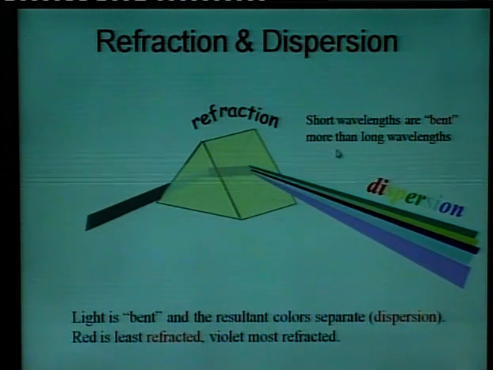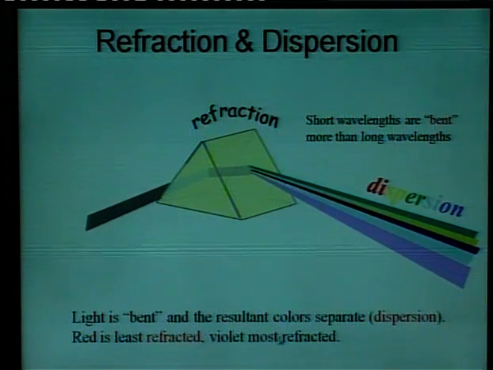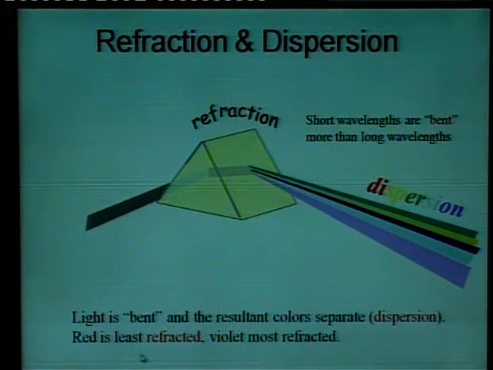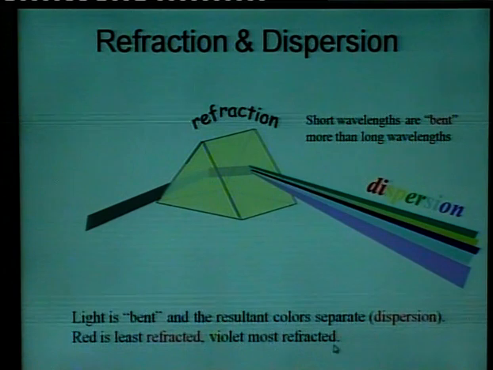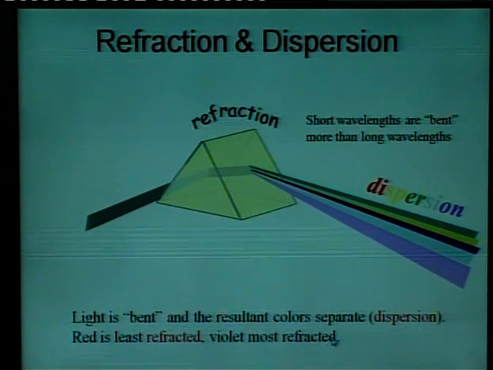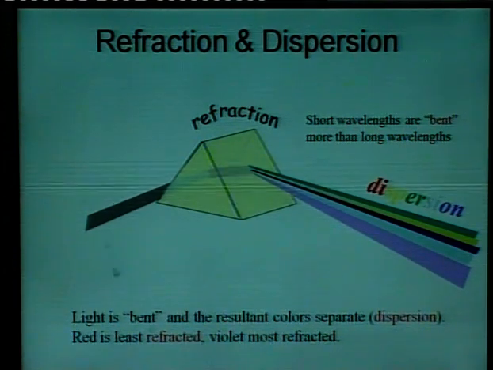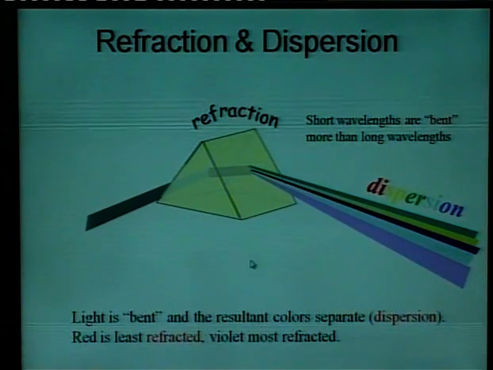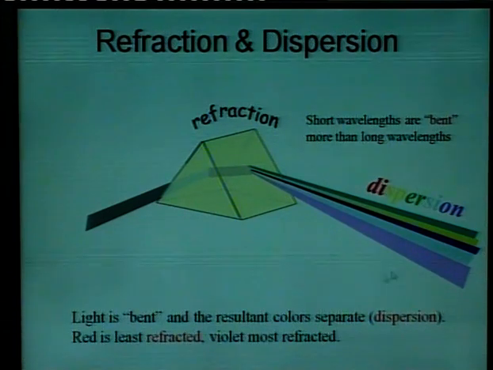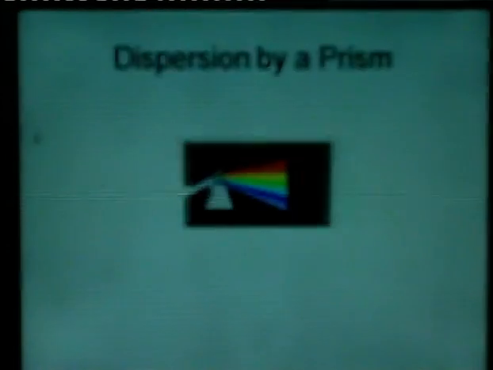Short wavelengths are bent more than long wavelengths. Light is bent and the resultant colors separate. Red is least refracted, violet most refracted. In dispersion the light splits into its 7 different colors.